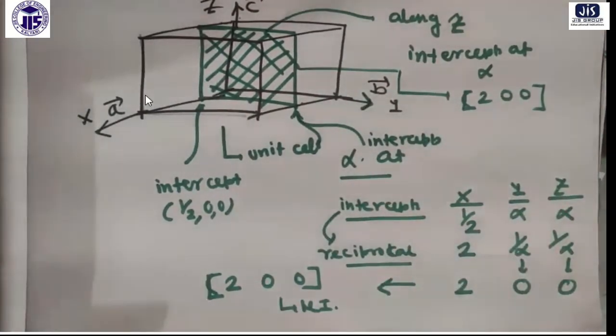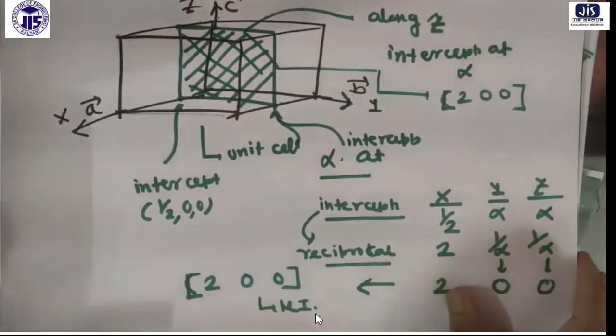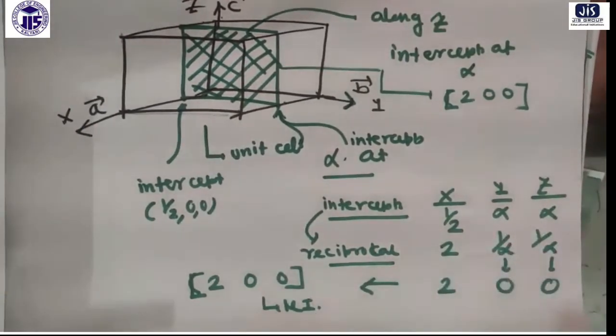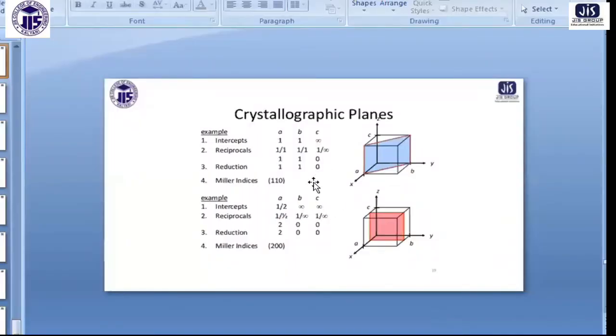Another example will be like this, but the other case, as I am trying to show you. This is the case I have just shown you, 200. Now let me show you the first case, how it is 110.